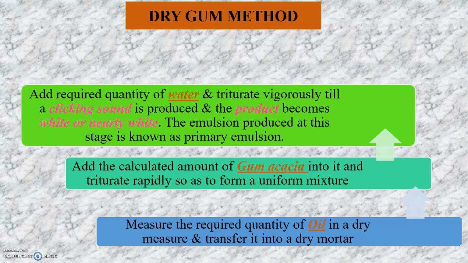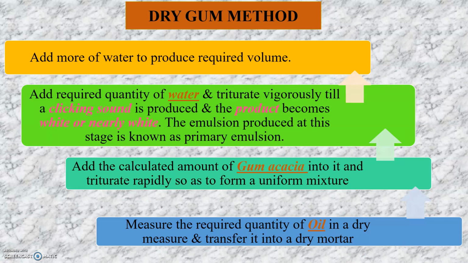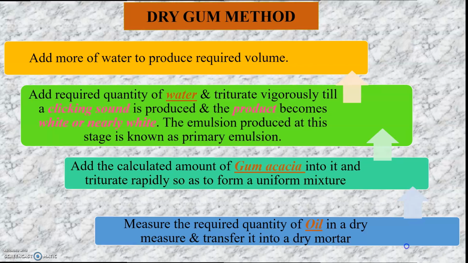Then add the required quantity of water and triturate vigorously till a clicking sound is produced and the product becomes white or nearly white. This color is due to the total internal reflection of light. The emulsion produced at this stage is known as primary emulsion. And finally, add more water to produce the required volume.